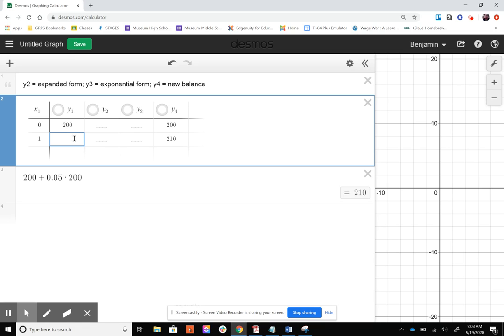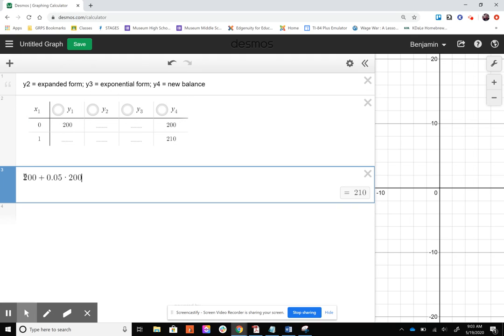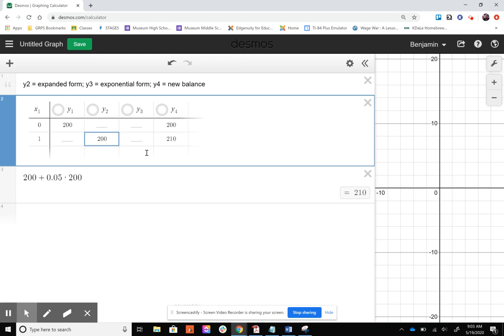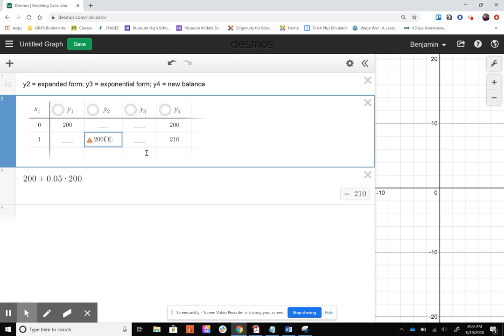Now the thing here to think about is that when we write something like this, it is the same as writing it in expanded form, 1 plus 0.05, and exponential form, 1 plus 0.05 to the first power.